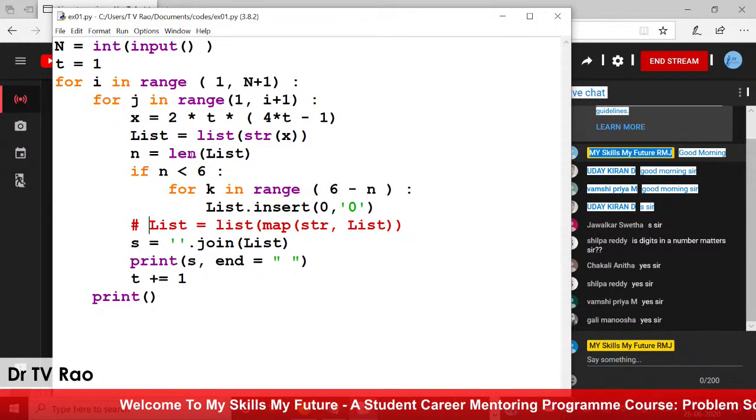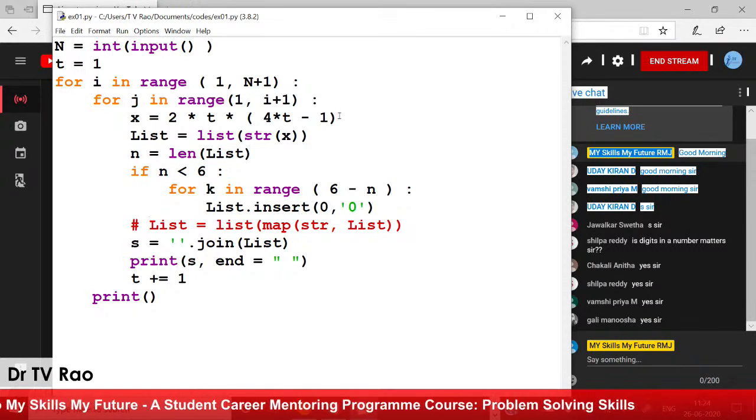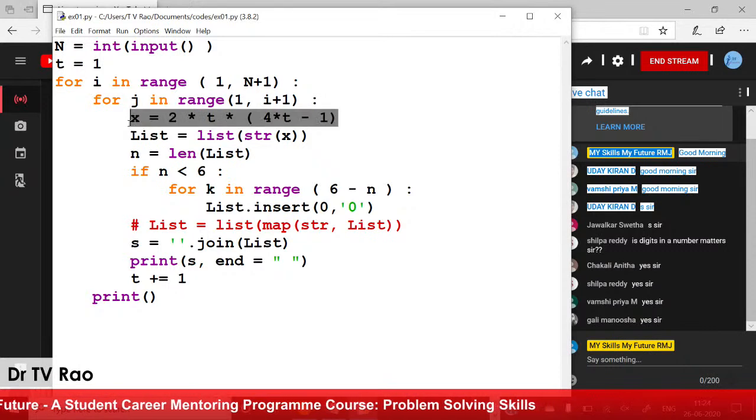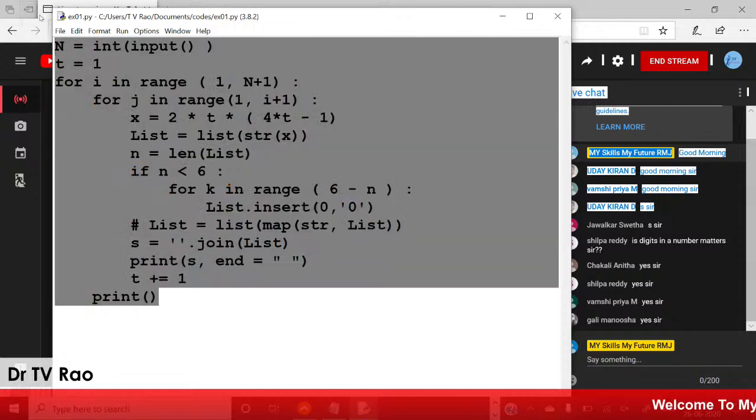So have a look at the code once again. This is a key and this is a key. You need not play with i and j. Simply you go on incrementing it. We were doing it earlier, if you remember.